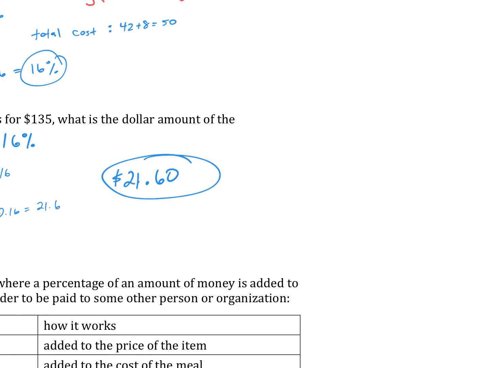Instead of setting up the table, you could just say that the commission is equal to the rate, so this is your percentage, times the total cost of the item. In this case, our commission would have been 0.16 times $135, which is $21.60.